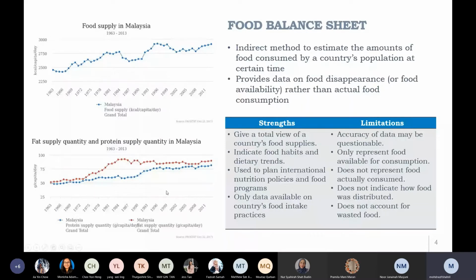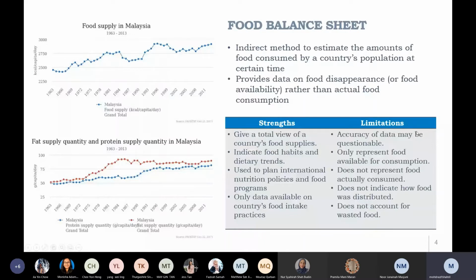If you only depend on the Malaysian Adult Nutrition Survey, the first one was conducted in 2012 and 2013, if I'm not mistaken, and the second Malaysian Adult Nutrition Survey was conducted in 2014. So we only have 2 data points. Instead, if you look at the food balance sheet, we have data for every year from, this is just an example, 1963. They might have data from earlier years than this.